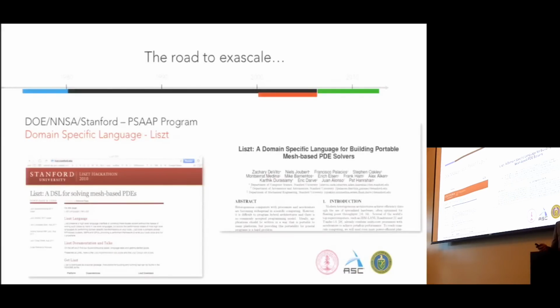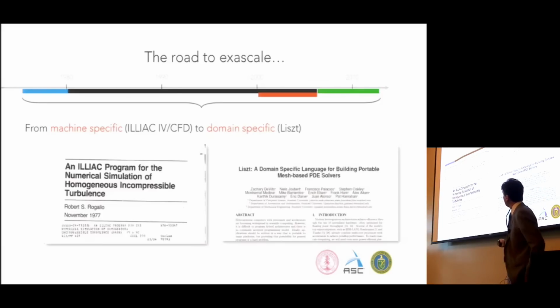And so we went, if you will, full circle from a machine-specific programming language to an application-specific programming language in the course of 40 years, with a very interesting connection, again, between computer scientists and, in particular, fluid mechanics in this case. So this is where we start with PSAAP 2.